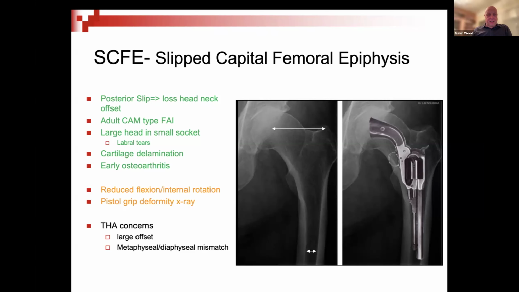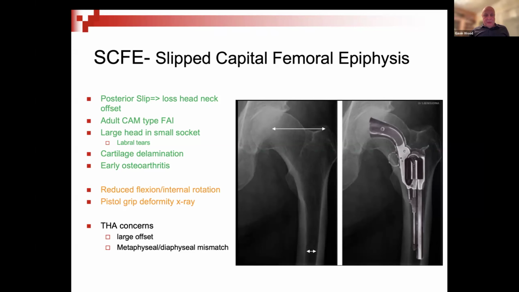And this impingement can then lead to labral tears, cartilage delamination, and the subsequent development of early arthritis, mainly in young adult males. And this is the so-called pistol grip deformity, and this is why it has been described as such. You can see the old-fashioned pistol on your right-hand side. And these patients often have reduced flexion and internal rotation.